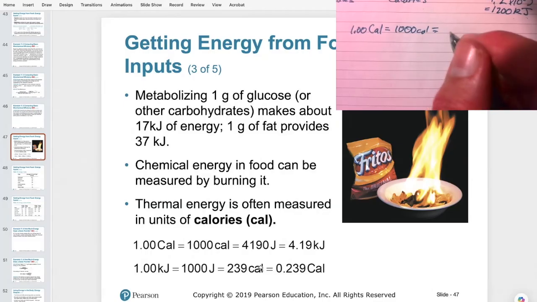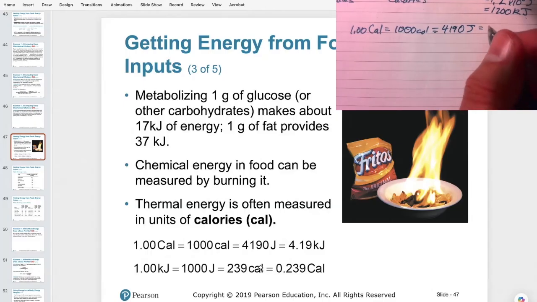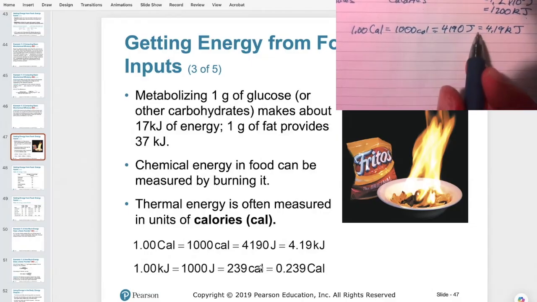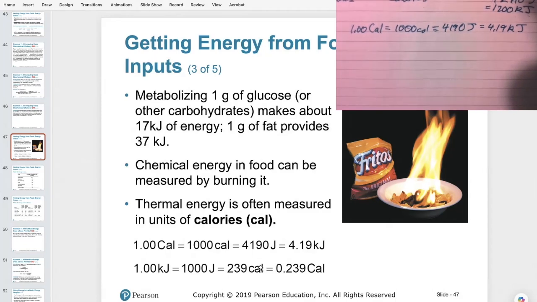So this is equal to 4,190 joules, or 4,190 kilojoules. SI units, or joules, that's what we're going to go with. And yes, if you look at the picture, you can actually burn food and release the energy that way. You can burn it, which releases the energy, or you can digest it, which also turns it into chemical energy in your body.